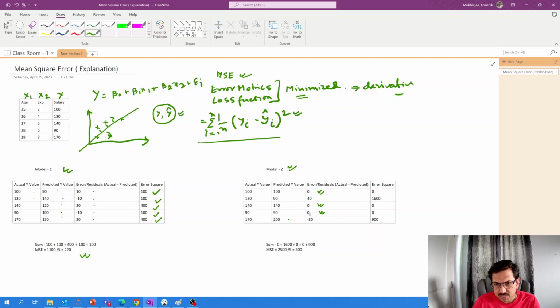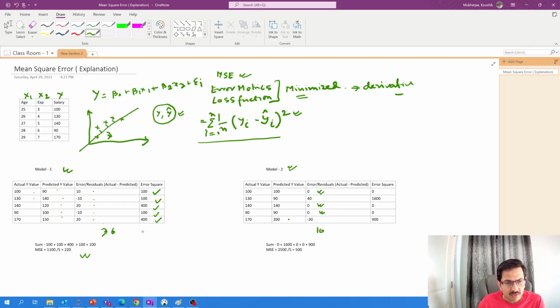If you do the mean absolute error here, you will get a total of 30, but for the first model you get 10.